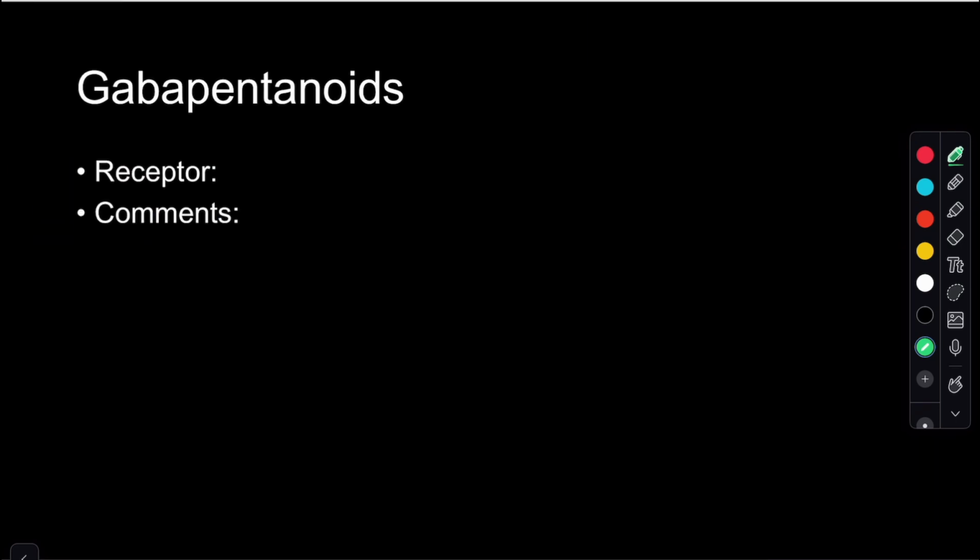The next class we'll discuss are gabapentinoids. So don't be fooled, they start with GABA, but they don't affect the GABA receptor. They antagonize voltage-gated calcium channels. They were once used very heavily in multimodal analgesia, but that's now been challenged.